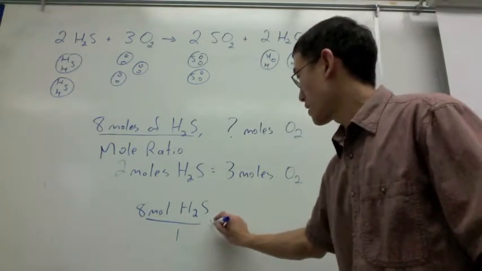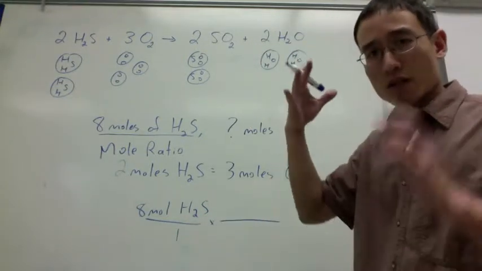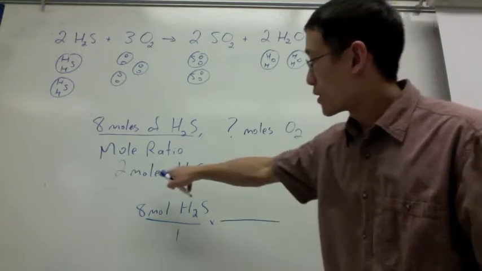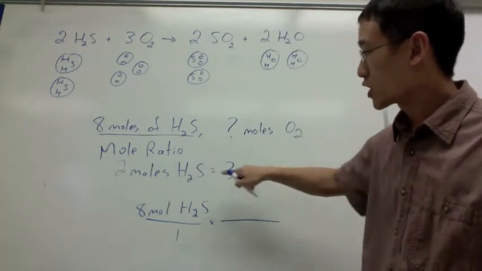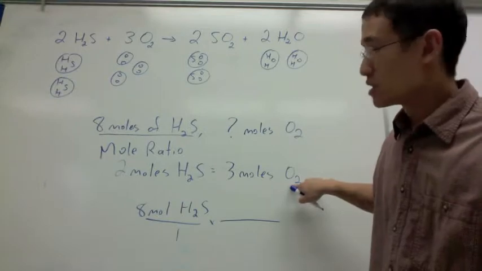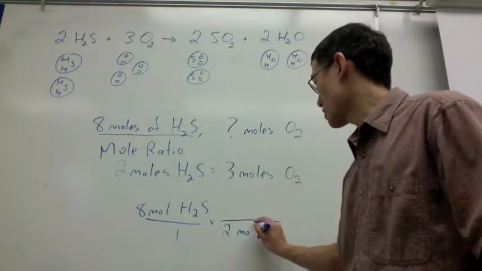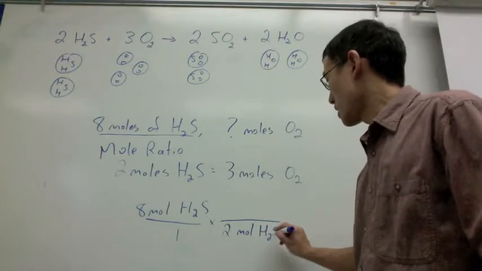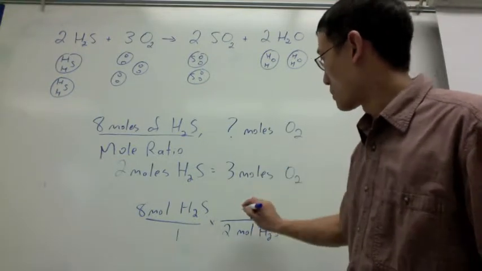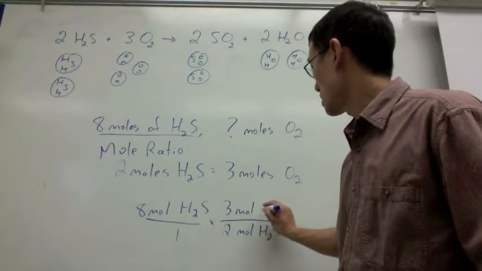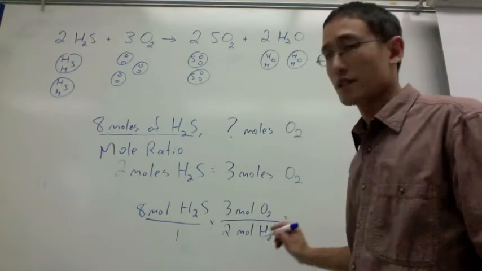Then I'm going to use this relationship between H2S and O2. For every 2 moles of H2S, I'm going to put 2 moles of H2S on the bottom and 3 moles of O2 on top.